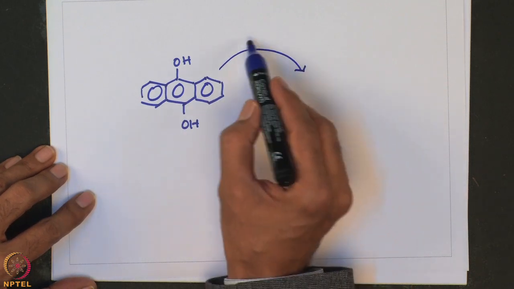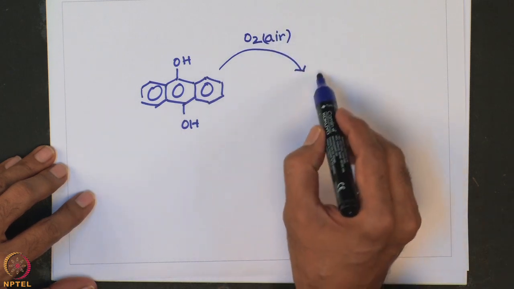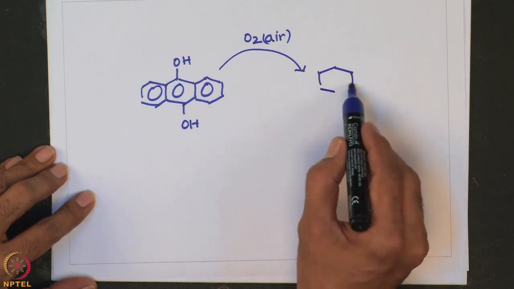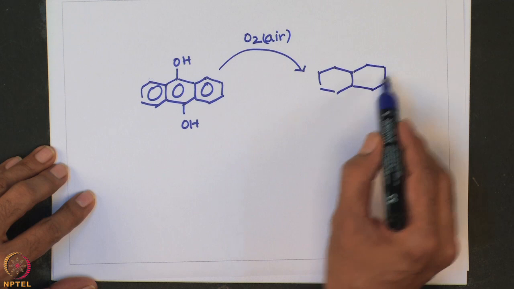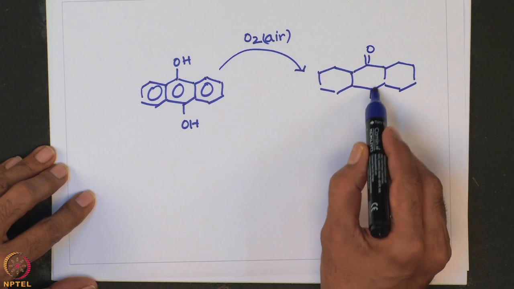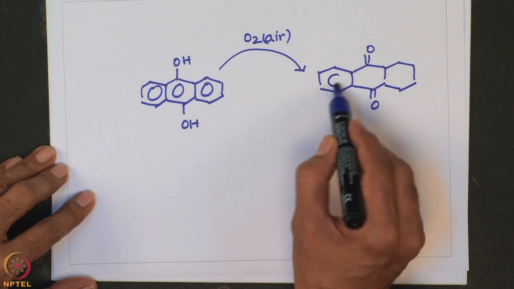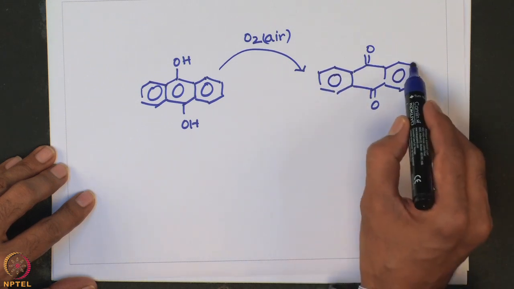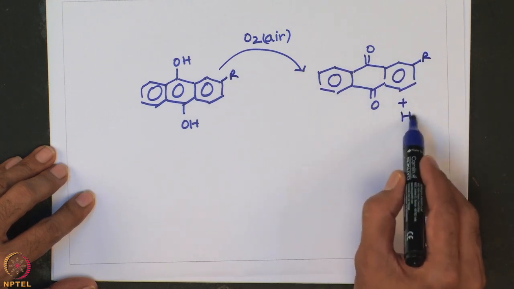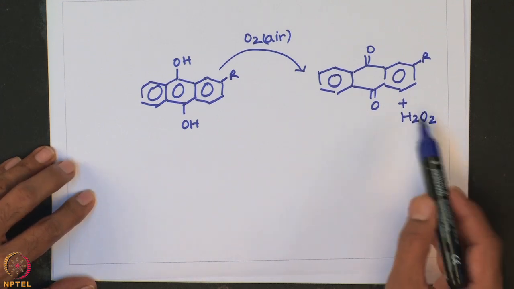So, this one on aerial oxidation forms anthraquinone, plus H2O2 is formed, and this one is in the organic phase.